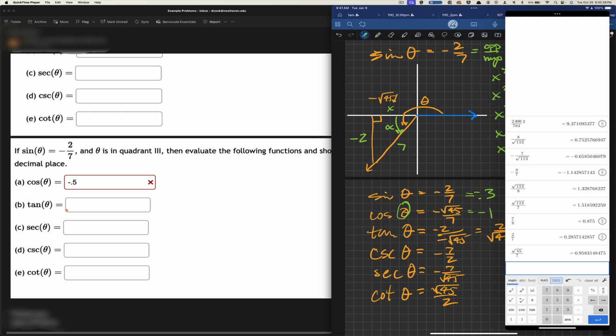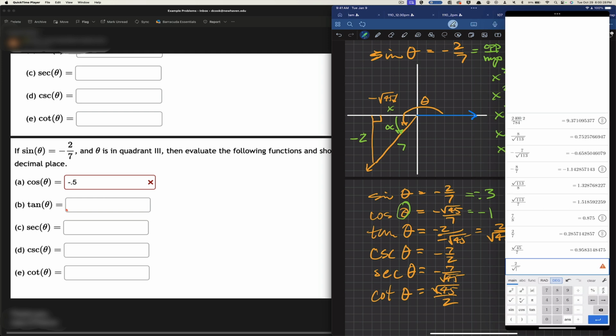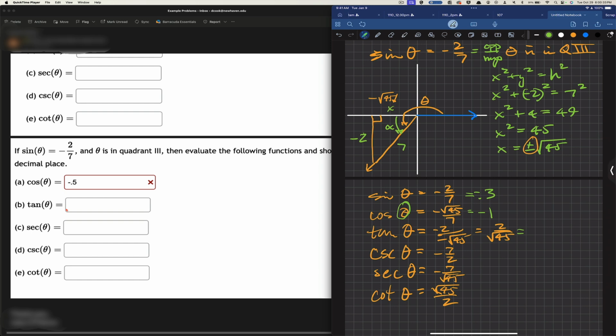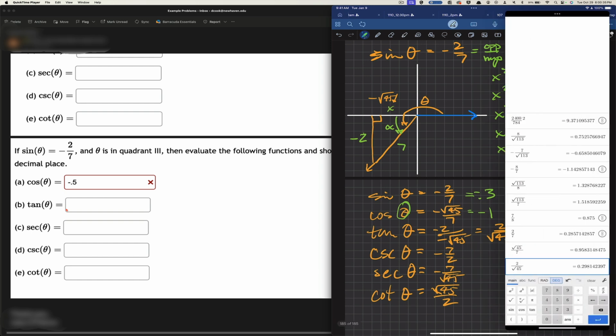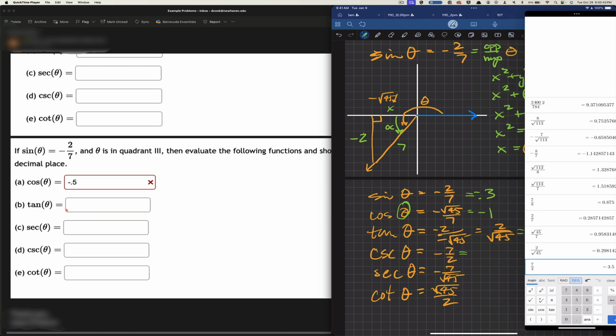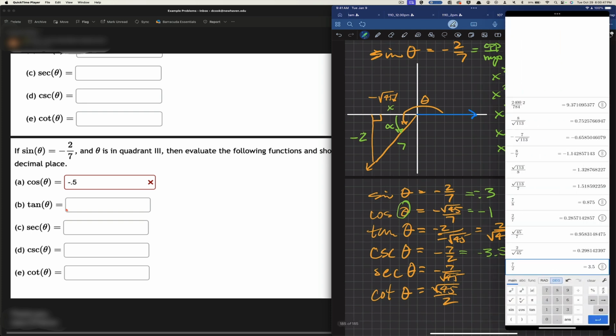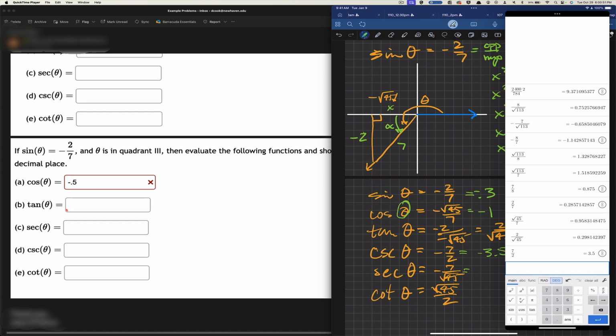2 over root 45. 2 divided by square root 45. 0.298, which is 0.3. And cosecant, which is negative 7 over 2. So that's 7 divided by 2. Don't forget the negative sign. So negative 3.5. And we're just kind of out of space, that's all. And then negative 7 over radical 45.